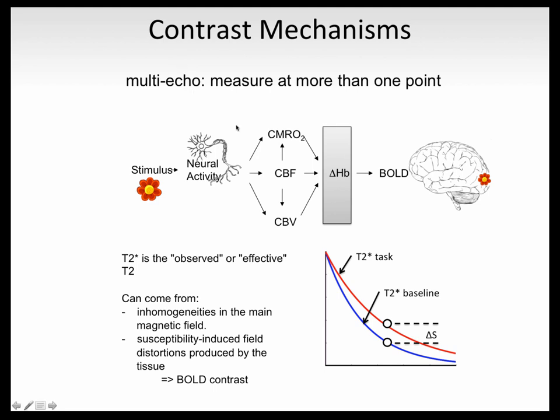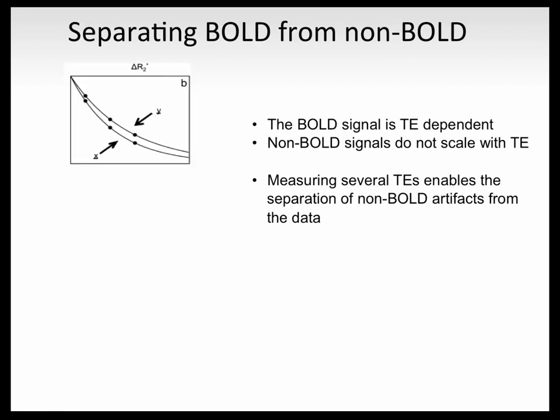Okay, so we're only taking one image at one particular point in this signal decay, just right here. But you can see that there's a signal difference here and there's a signal difference here. So what happens if you measure at more than one point? Because we have the ability to accelerate our image acquisition, we can do this now. And that's multi-echo fMRI.